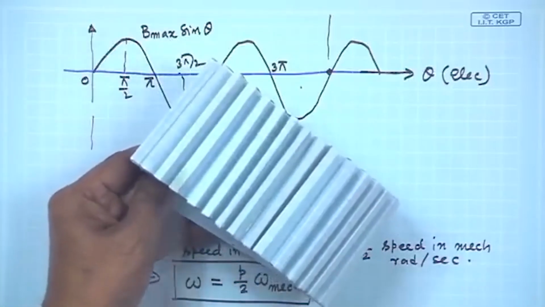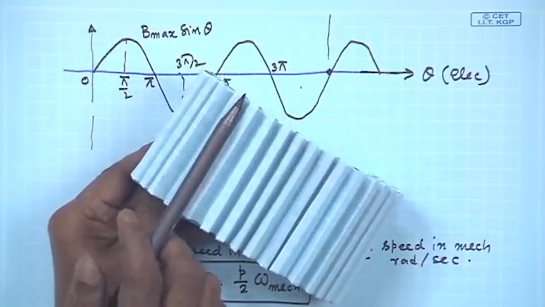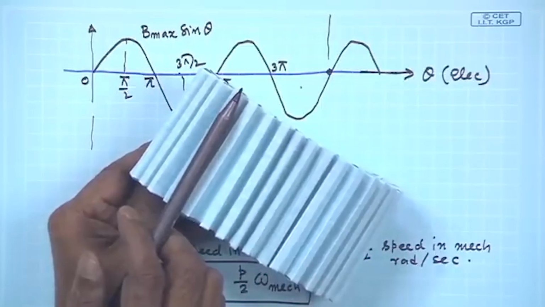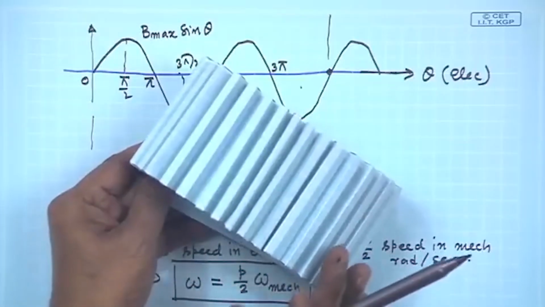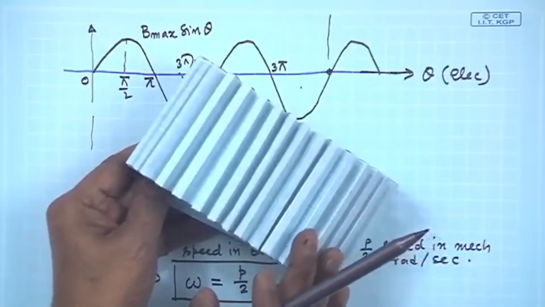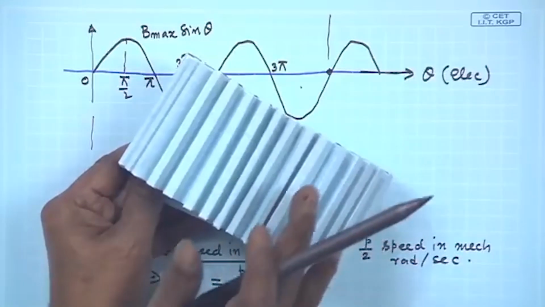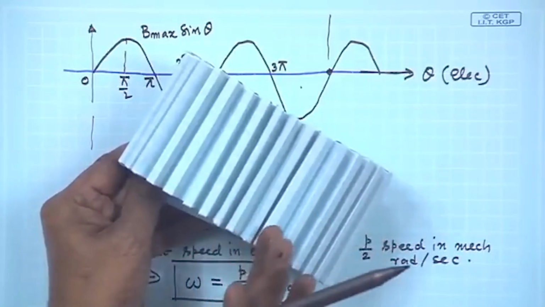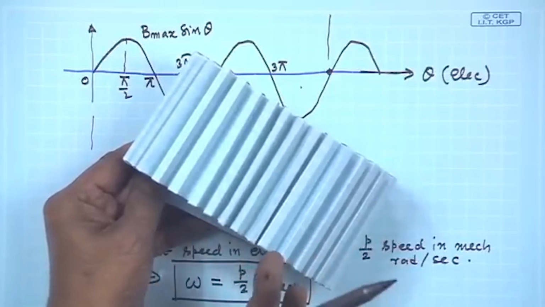But if it is a 4 pole machine, if you place one conductor in this slot which is under north pole, where should the return conductor be placed? The return conductor must be placed 90 degree mechanical apart. Why?